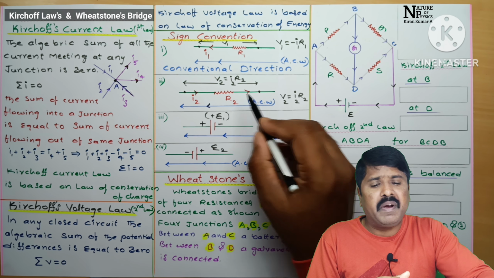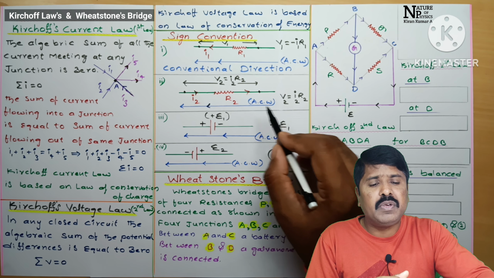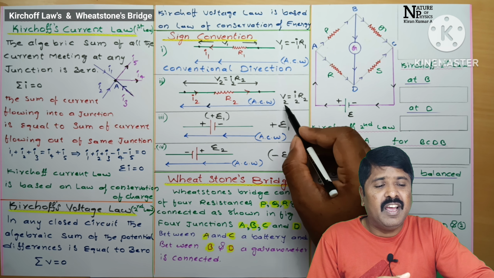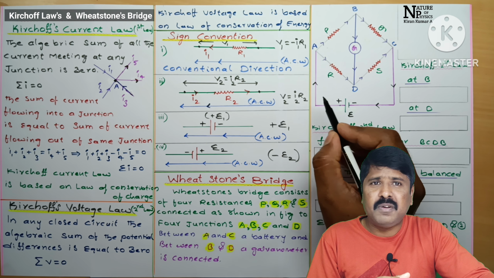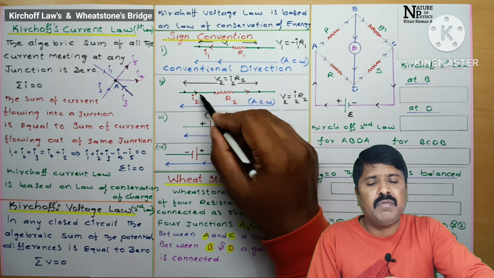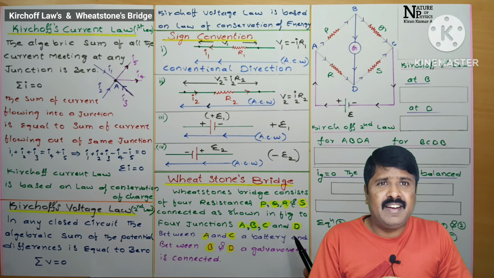The potential difference across the resistance is taken as V2. That potential V2 is equal to I2 R2, students. See, V2 is equal to I2 R2. Here the current is positive. The reason is that the convention direction and current direction are both opposite.